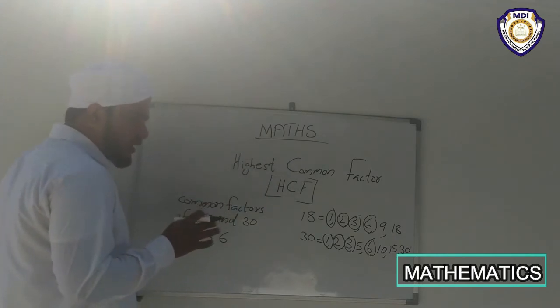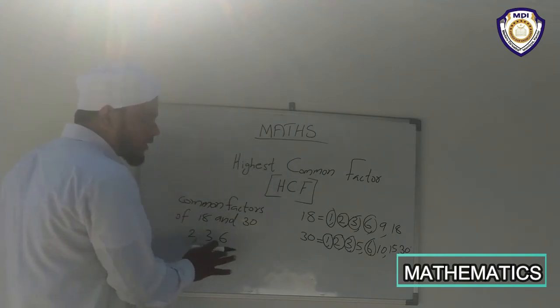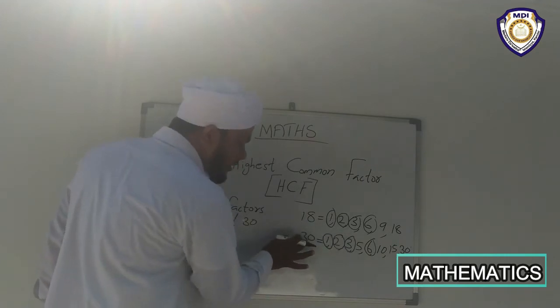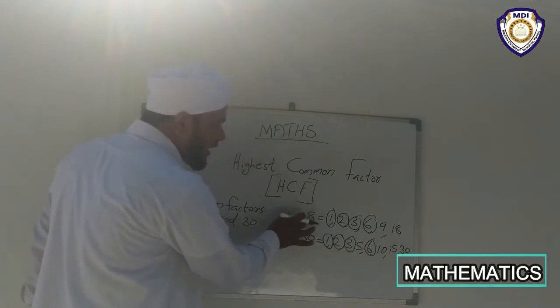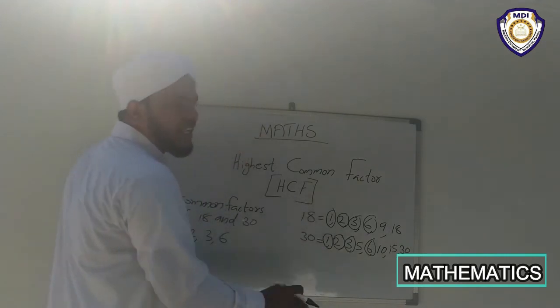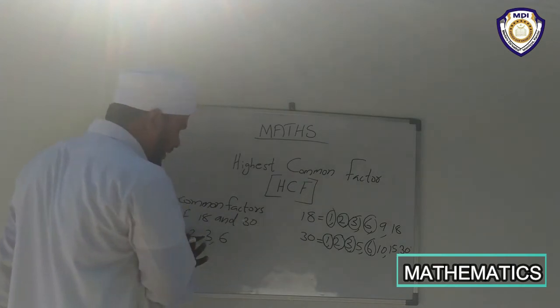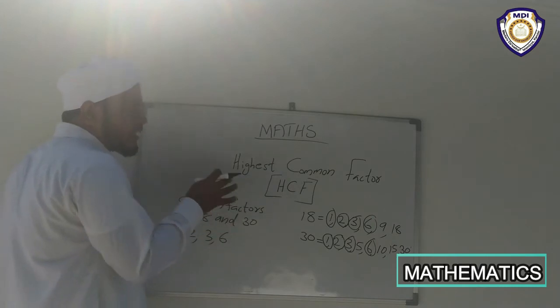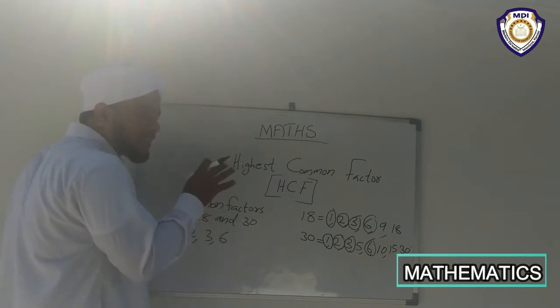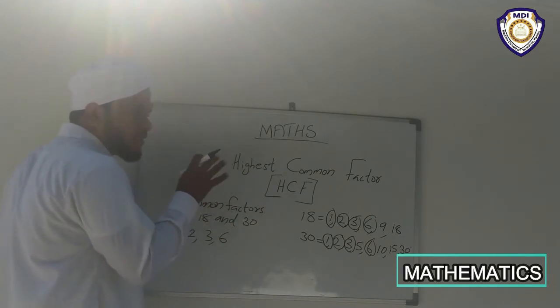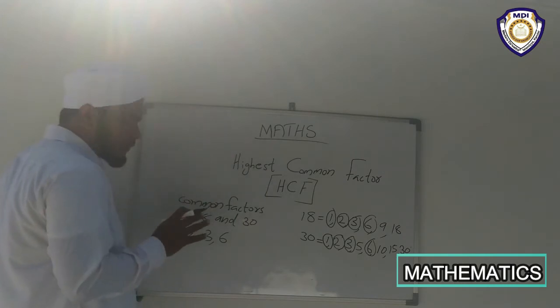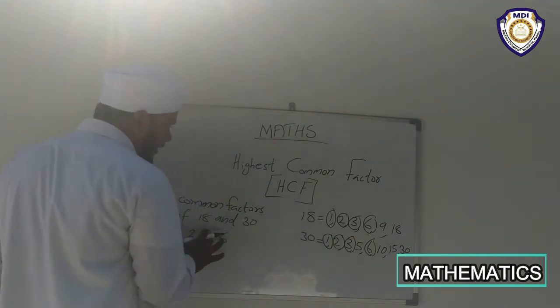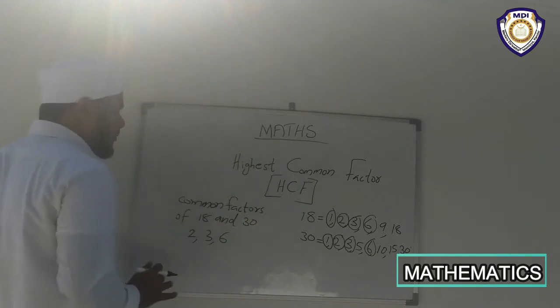How can we consider these the common factors? Because 2 is a factor of 30 and a factor of 18. That is why we selected 2 as a common factor. Common factor means both numbers have the same factor. So 2 is the common factor, 3 is the common factor, 6 is the common factor.